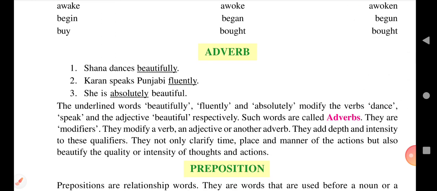Adverb. Number one, Shana dances beautifully. Number two, Karan speaks Punjabi fluently. Number three, she is absolutely beautiful. The underlined words beautifully, fluently, and absolutely modify the verbs dance, speak, and the adjective beautiful respectively.